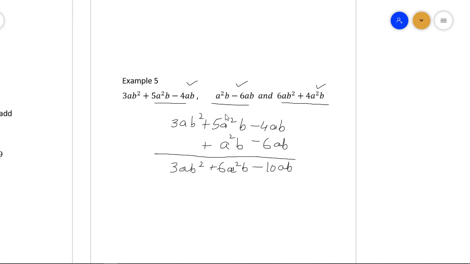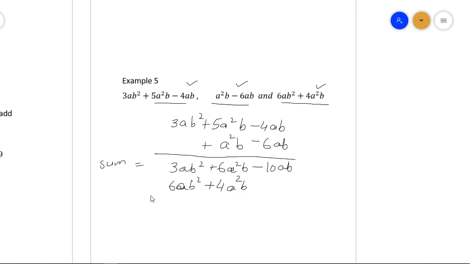Okay, as we have added the first two polynomials and we got this sum, now what will we do? We will add the third polynomial in this sum, 6ab square right below 3ab square plus 4a square b just right below 6a square b.